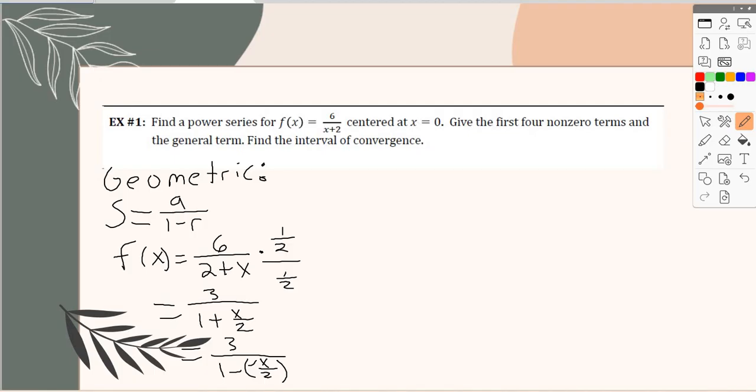And it asks us to give the first 4 terms and then the general term. I actually think it's a little bit easier to go backwards. Because remember, what is our general term for a geometric?